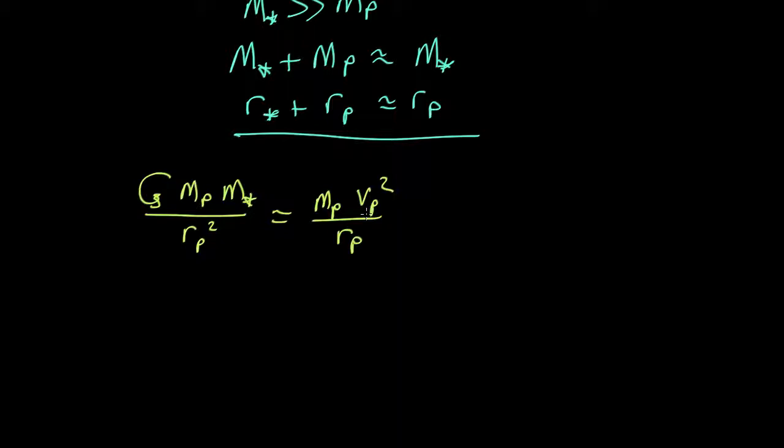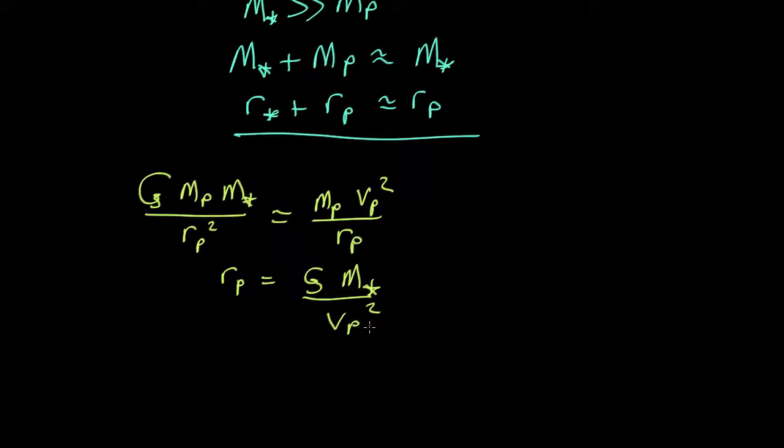So we can cancel a bunch of stuff. The mass of the planet cancels. We can bring rp up to this side of the equation, and we end up with rp equals G m star over v planet squared.